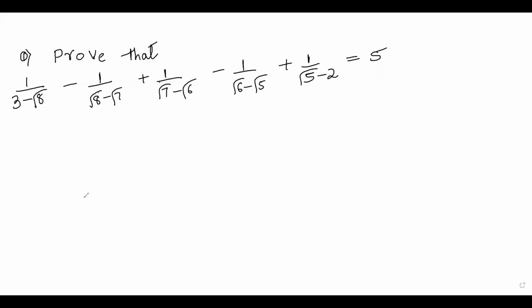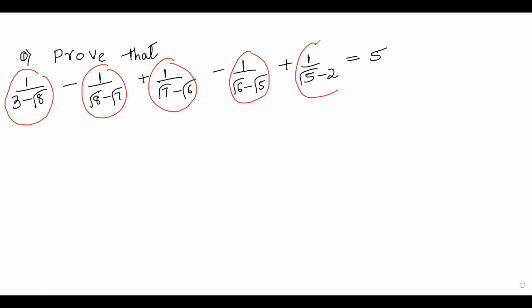So in the next question, we have to prove LHS is equal to RHS. So in every term, you need to rationalize. We have total 5 terms in the left hand side.